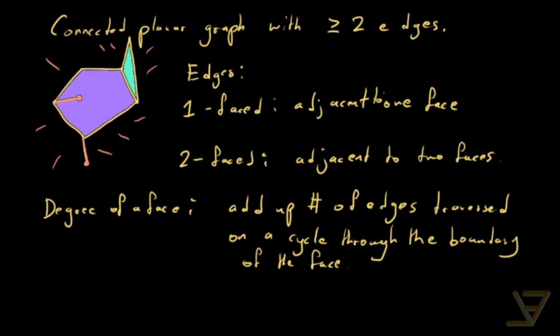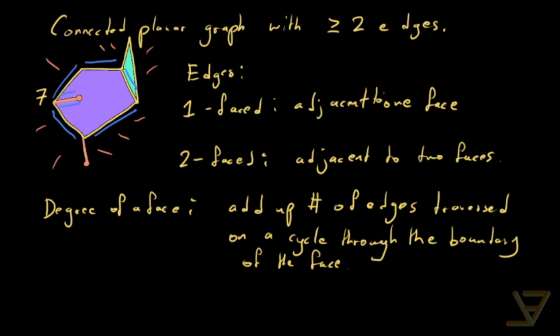So for example, up here we would do 1, 2, 3, 4, 5, and here's the tricky part, 6 and then 7. So this face has degree 7, even though there's only 6 edges.